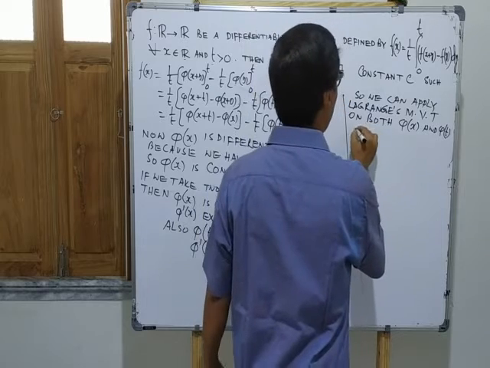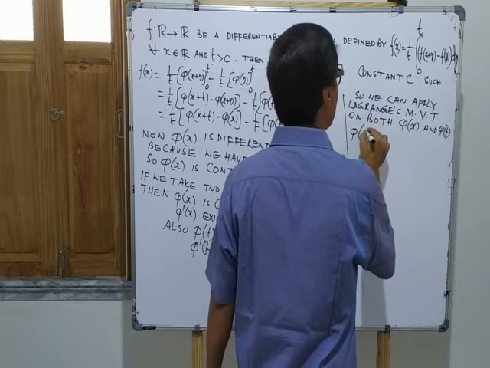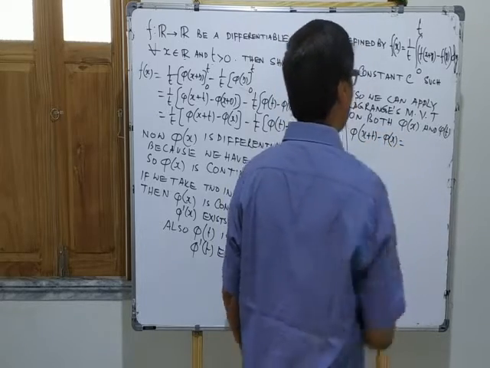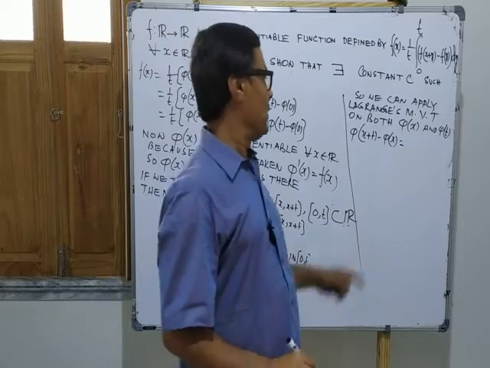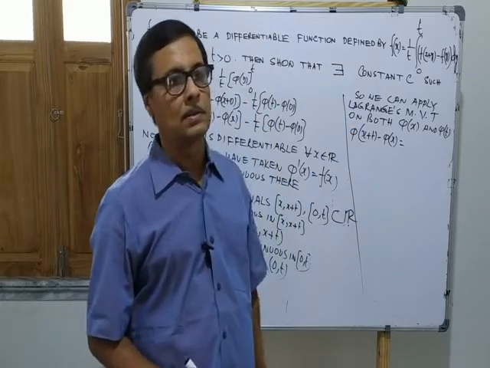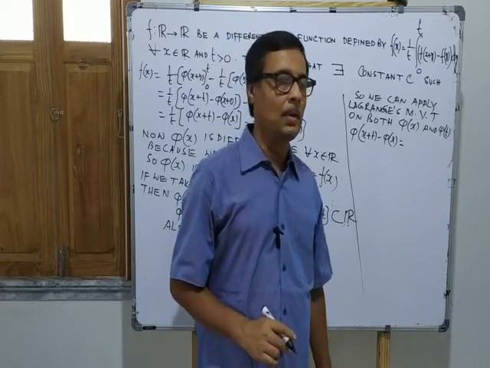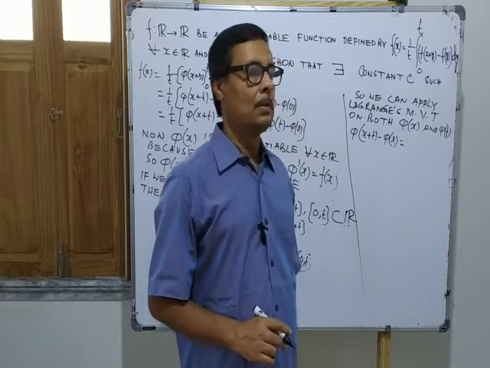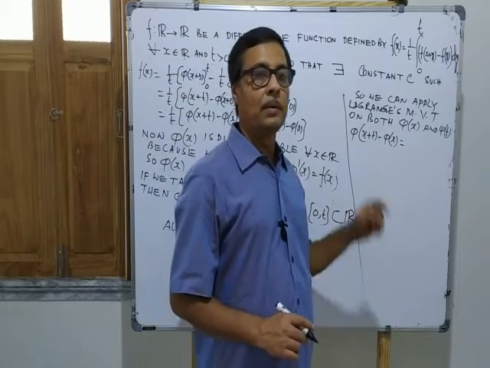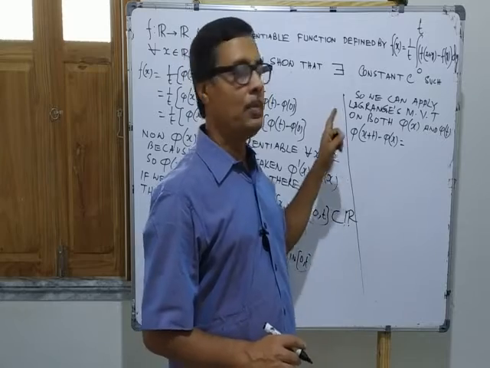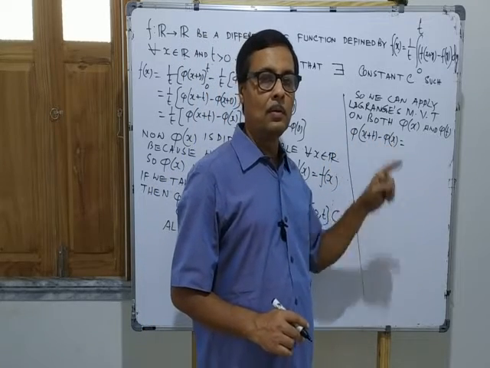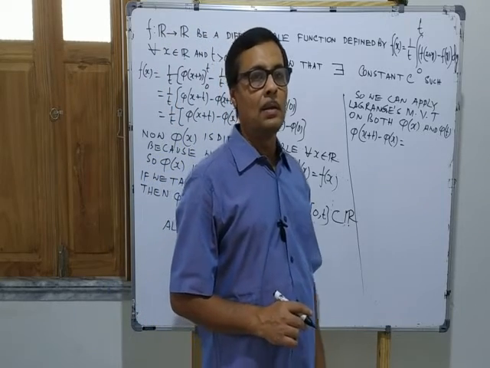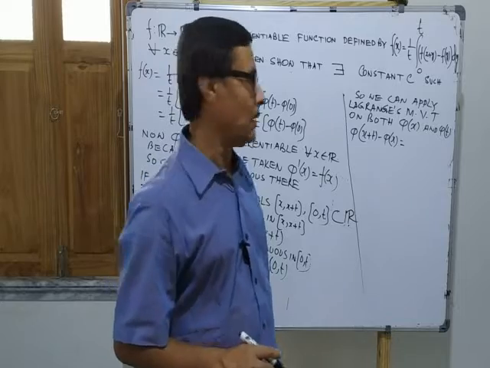So phi of x plus t minus phi of x equals... Lagrange mean value theorem states that if a function f x is continuous in any closed interval a b and its derivative exists in the open interval a b, then there exists a point xi such that phi of b minus phi of a equals the length of the interval times phi dot xi, where xi is an intermediate point in this interval.